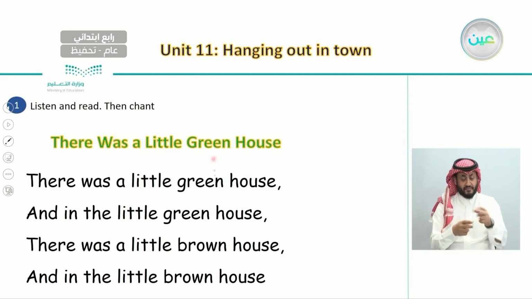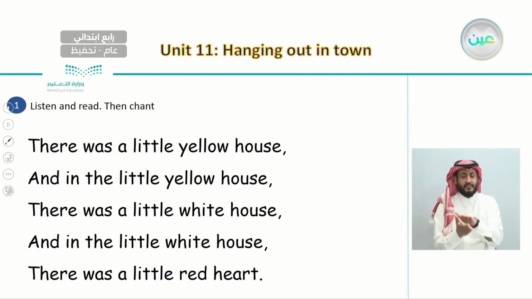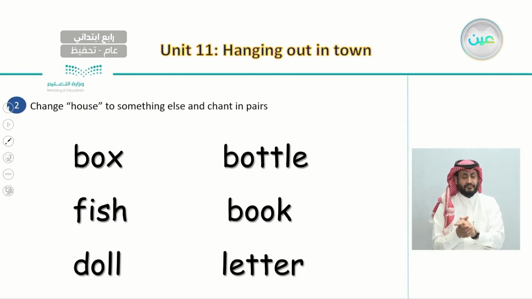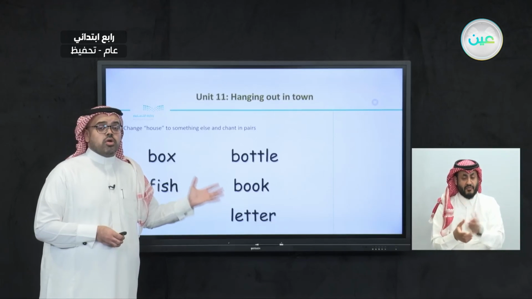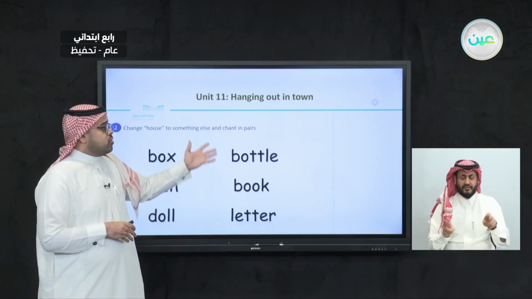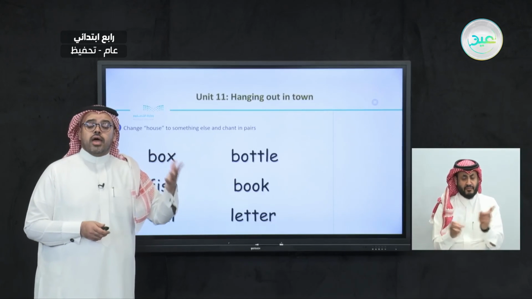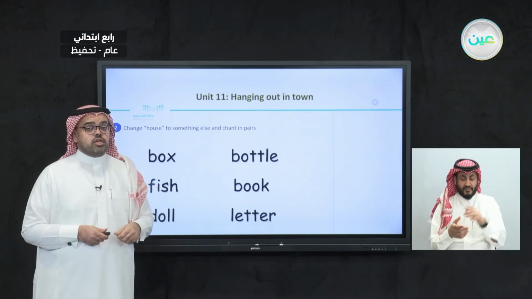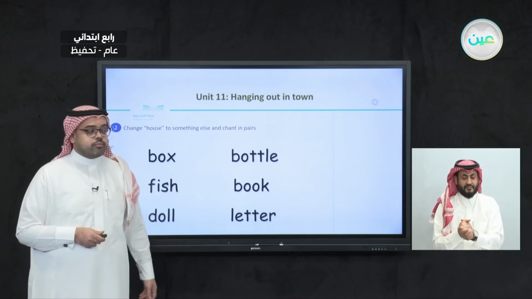Instead of seeing the green house, the yellow house, the white house, we can also think of a green box and yellow box, or a green bottle and yellow bottle, or a green book and yellow book. So try to chant it again in pairs with your partner and see how interesting this chant could be.